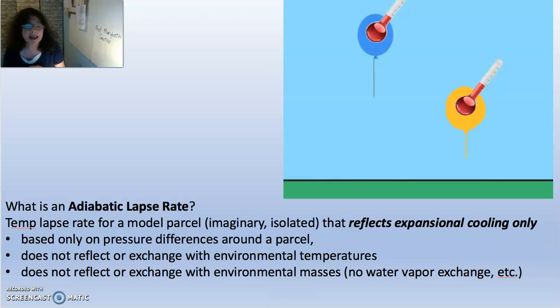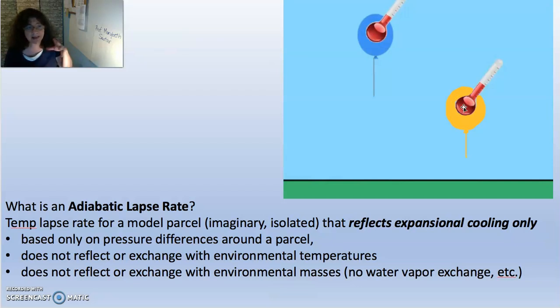In describing these adiabatic lapse rates, they are imaginary parcels that are prevented from interacting with the environment around them. In other words, these parcels are like balloons that are separated from the environment around them. And we are comparing two different balloons with adiabatic rates.